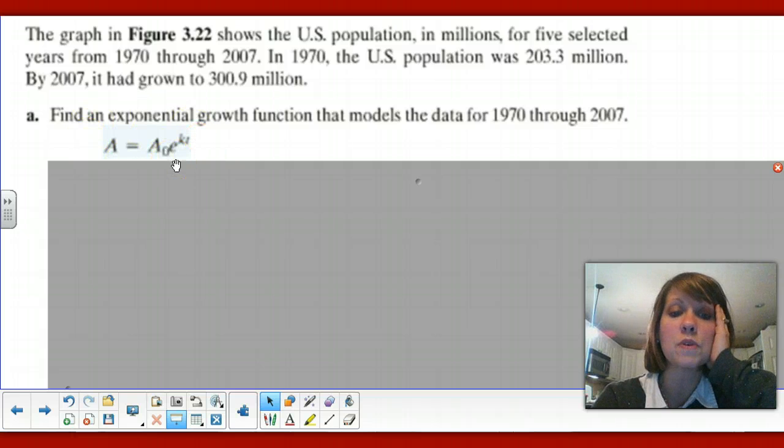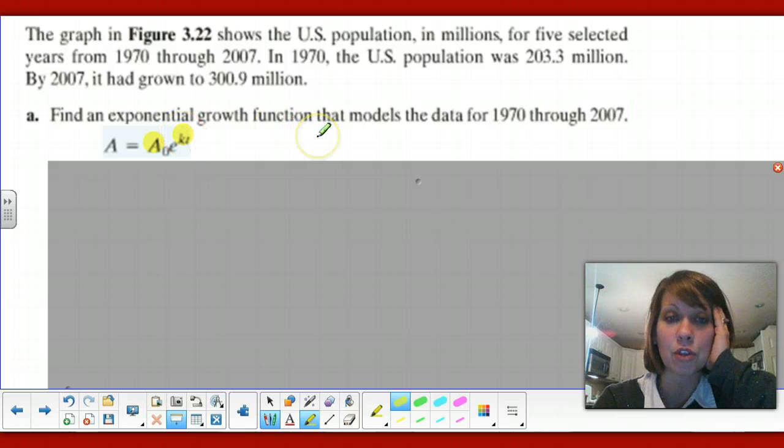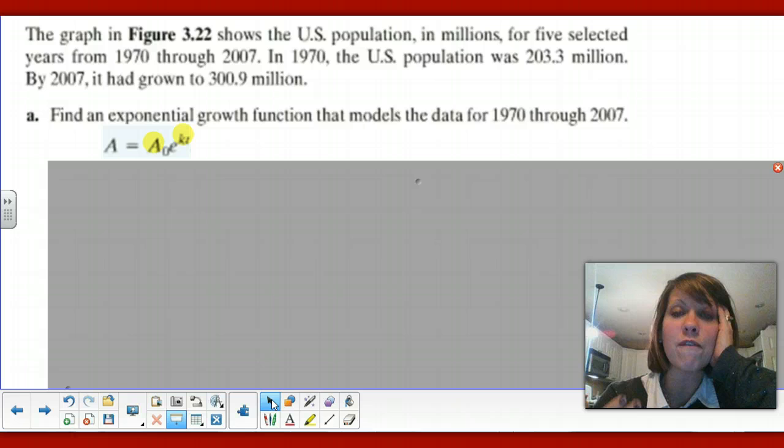More specifically, when we are done finding this exponential growth function, we will have this formula, but an A naught value and a K value will be in there specifically. Once we find A naught and K, then we can write our exponential growth function.